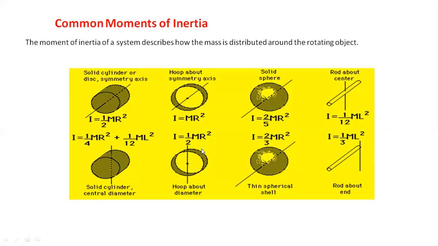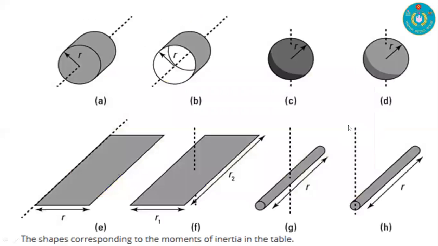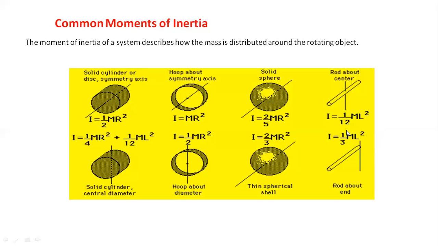We didn't derive all these equations, but previously we derived only one equation, I is equal to 1 by 12 ml square. And for a rod, if we consider the axis at one end, we have the equation I is equal to 1 by 3 of ml square.